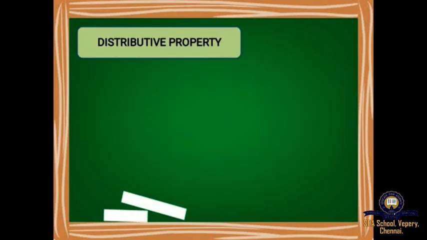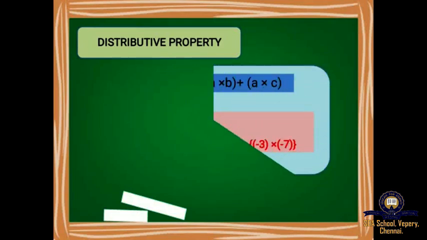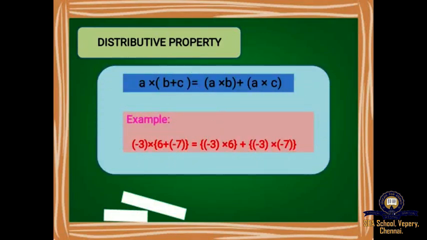Next is the distributive property. Given 3 integers, the multiplication of the first integer with the sum of the other 2 integers is equal to the product of the first integer and the second integer plus the product of the first integer and the third integer.